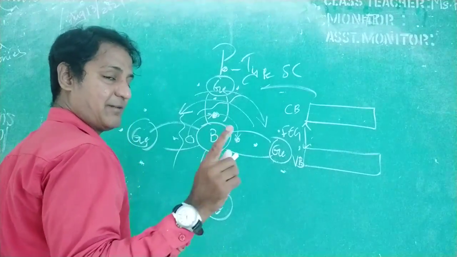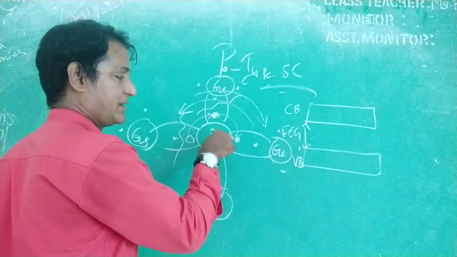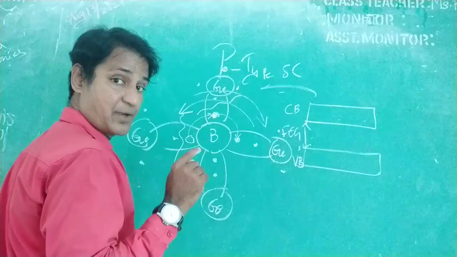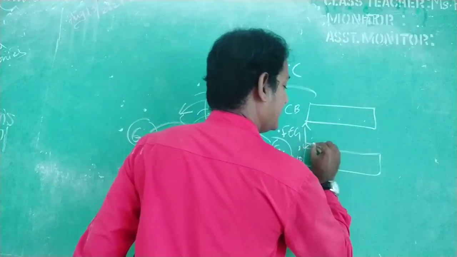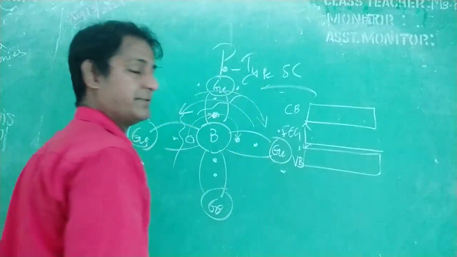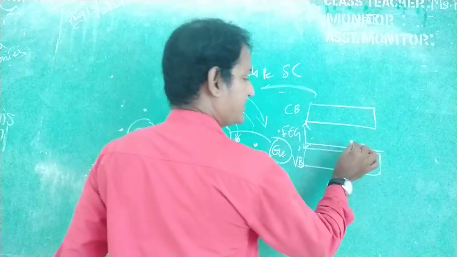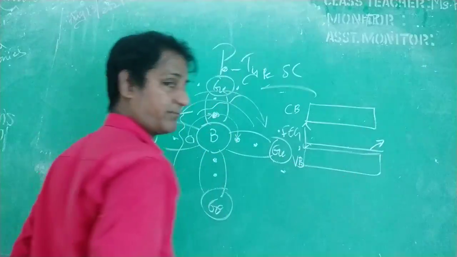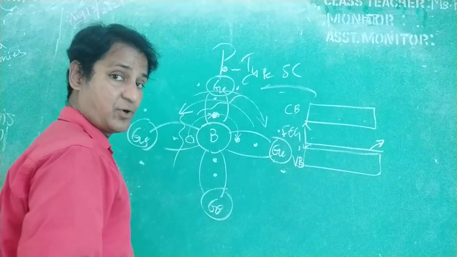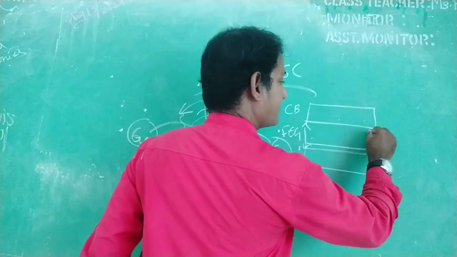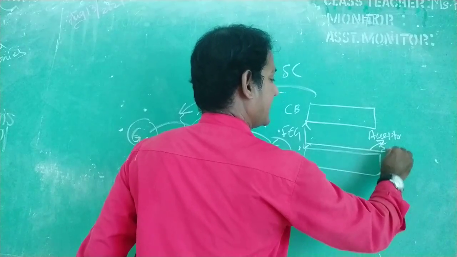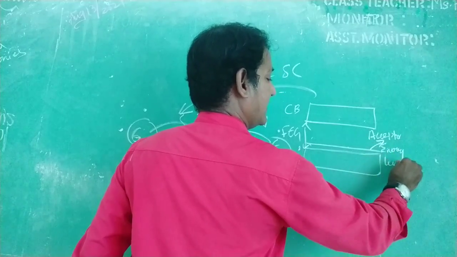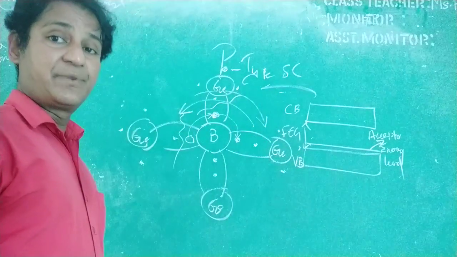The energy level of this hole of this boron will be nearly above the valence band. So this energy level of the hole is called the acceptor energy level.